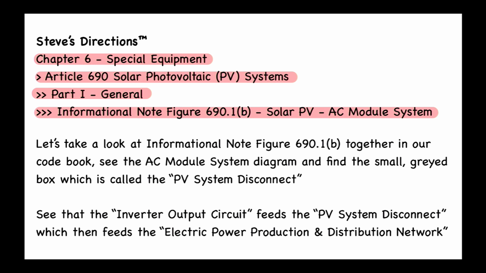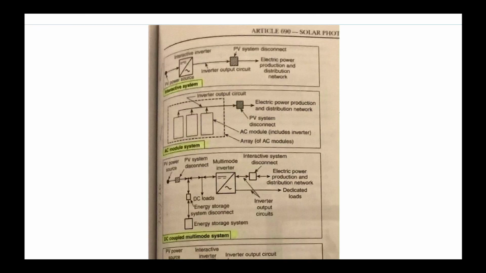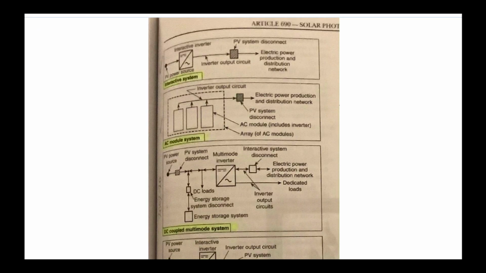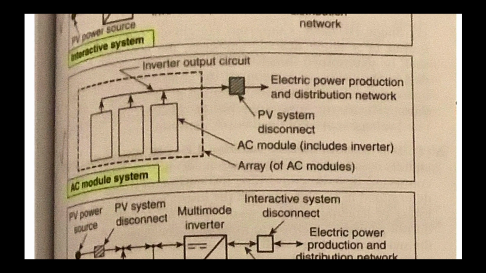And within that, we have a one-line diagram. And it's called the AC module system. All right, so instead of reading all of this stuff here, let's take a look at the actual informational note. And I'm going to zoom in on this so you can see this a little bit better.